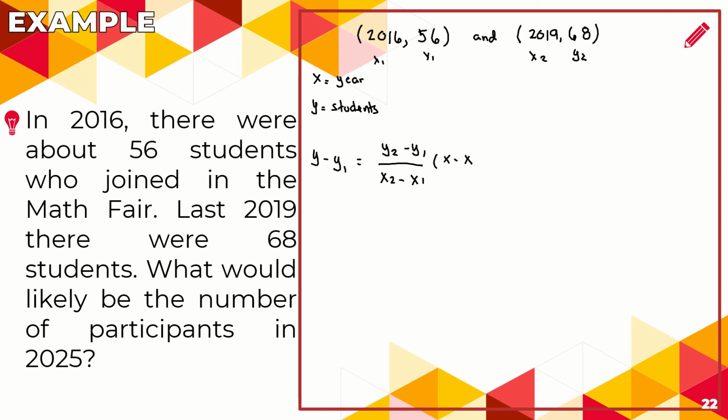Let's substitute the given. y minus y sub 1, which is 56, equals y sub 2, which is 68, minus y sub 1, which is 56, over x sub 2, which is 2019, minus x sub 1, which is 2016, multiplied by the quantity of x minus x sub 1.